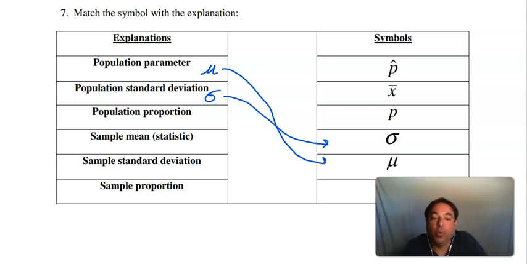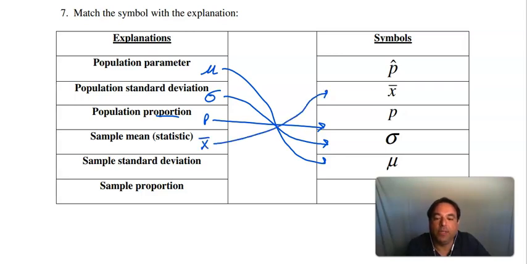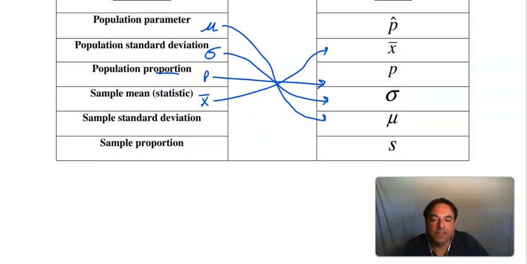The population standard deviation would be sigma. The population proportion would be the P. The sample mean would be X bar. The sample standard deviation would be the S. And the sample proportion would be P hat.